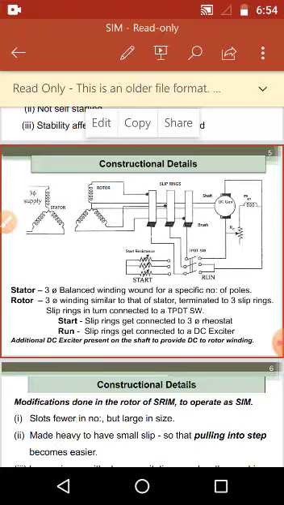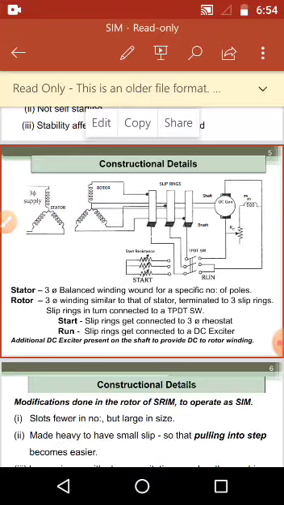When the three phase supply is given to the stator winding, a rotating magnetic field is created in our stator. Due to this rotating magnetic field, an EMF is induced in our rotor winding, and the TPDT switch is connected to the start position, that is, to the starting resistance.